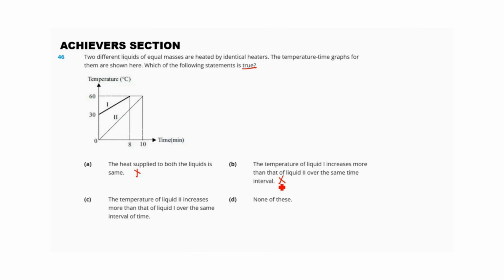So this is also a wrong statement. The temperature of liquid 2 increases more than that of liquid 1 over the time interval. Here we can see for 2, the temperature is increasing to 60 at 10 minutes, and for 1, the temperature is increasing from 30 to 60 at time 8. So definitely we can say this is the correct statement.